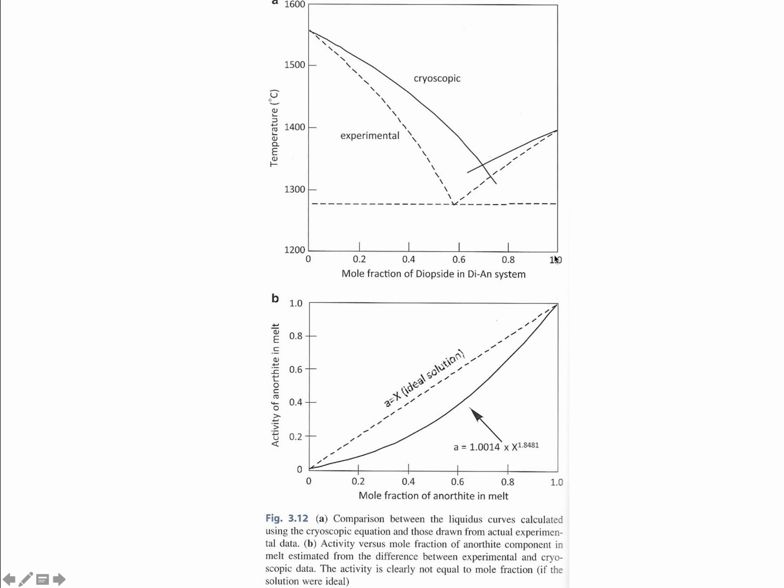And here we have the experimental melting curves. Here we have 100% anorthite, and here we have 100% diopside. And here we have the same melting curve in a gyroscopic system, calculated using the gyroscopic equation, and those drawn from the actual experimental data.